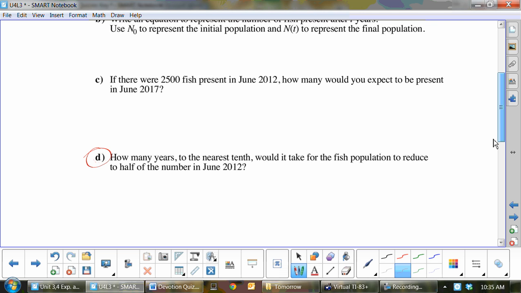Whenever you're losing or decreasing, we use this formula: N(t), that's N at a certain time, equals the number right now times (1 minus 0.05) to the t. See, it's decreasing. So I will have 95% of my fish every year.